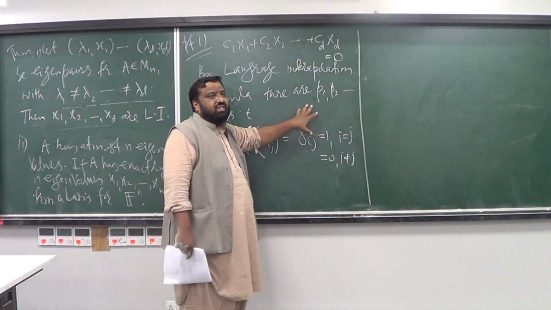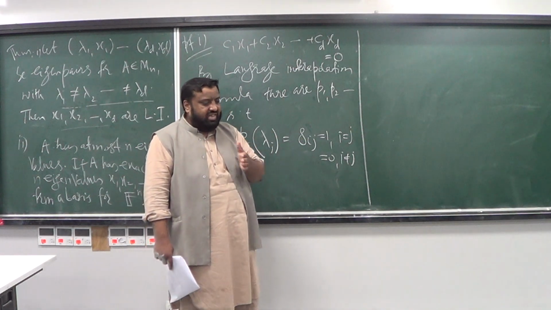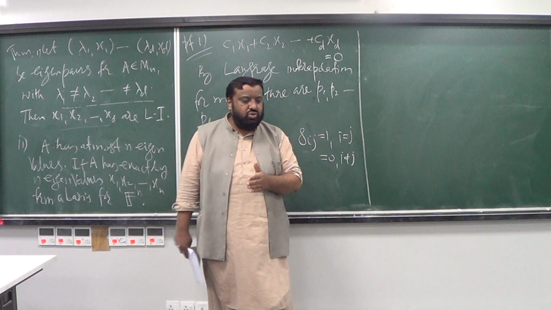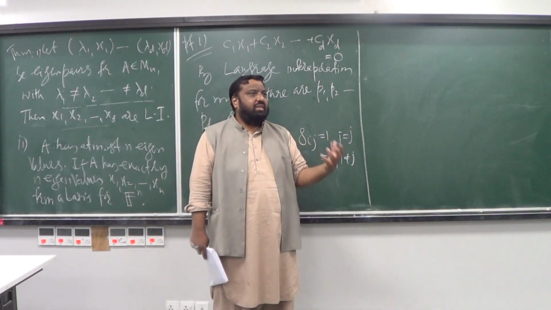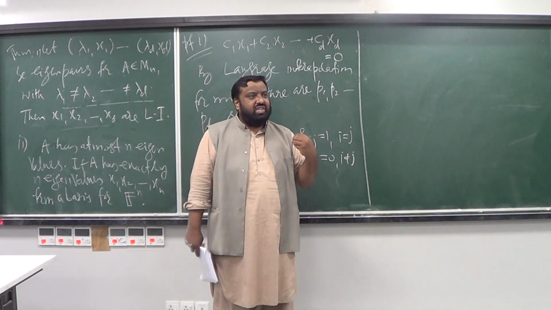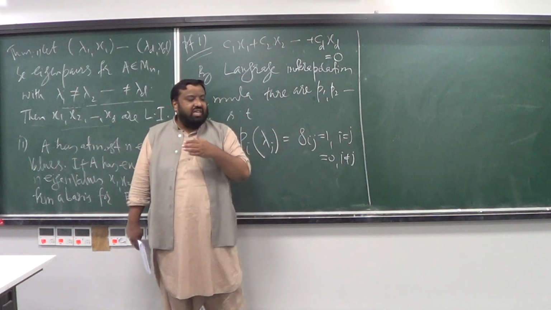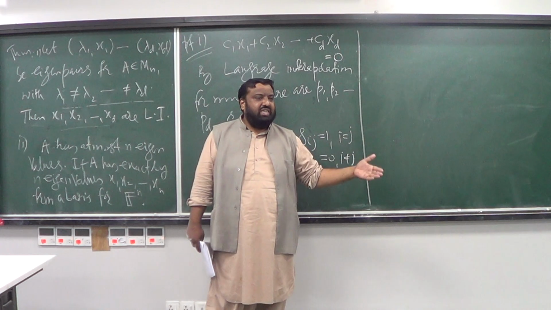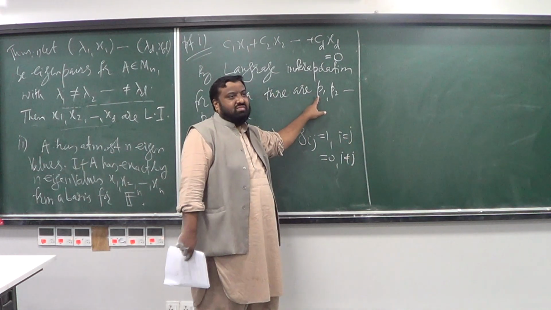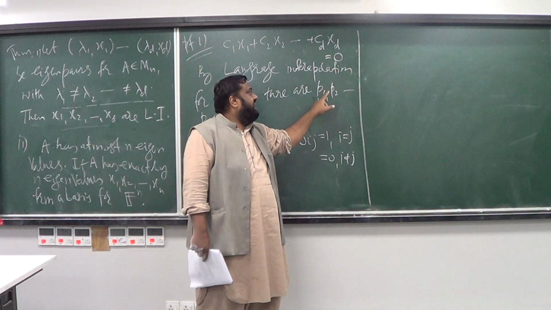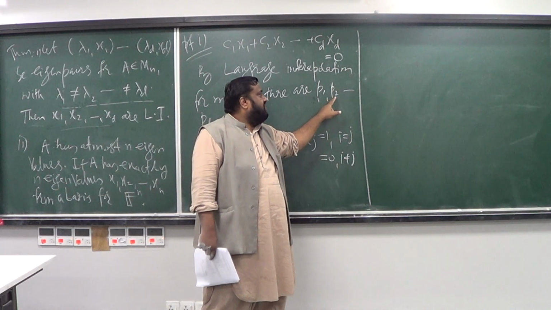In other words, using lambda 1, lambda 2 to lambda d and the interpolation formula, we constructed a polynomial P1 such that lambda 2 to lambda d are the roots of P1. And what is P2?